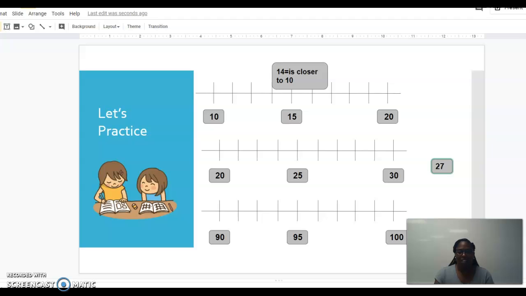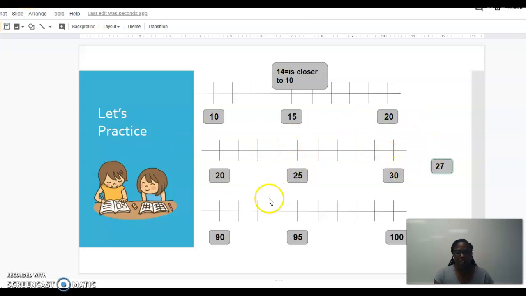Hopefully you had a chance to look at the number line and see which 10 27 is closest to. Again, if you're counting by 1, we have 20, 21, 22, 23, 24, 25, 26, 27, 28, 29, 30.